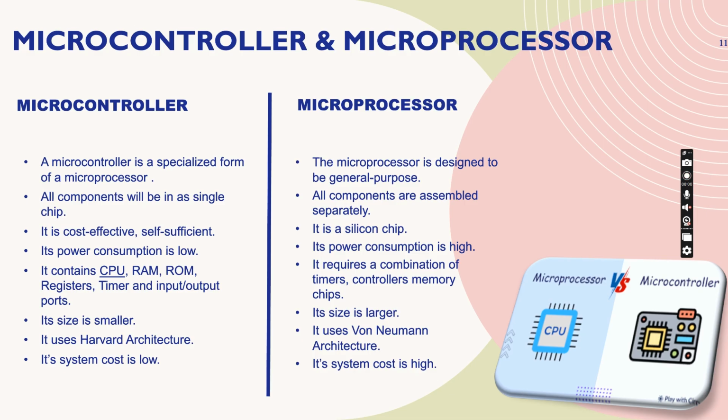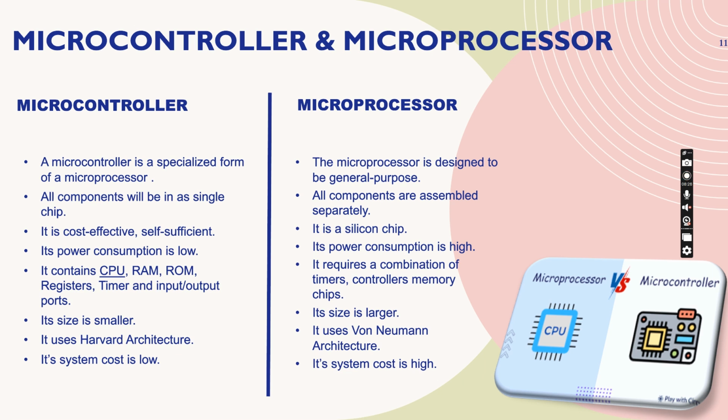So here is a difference between microcontroller and microprocessor, in which all components are in a single chip in the microcontroller, and all components are assembled separately in a microprocessor. A microcontroller is a specialized form of microprocessor, and a microprocessor is designed for general purpose.